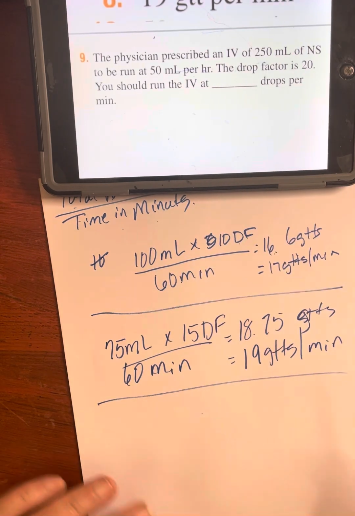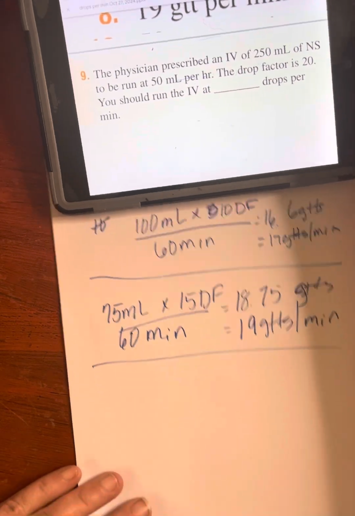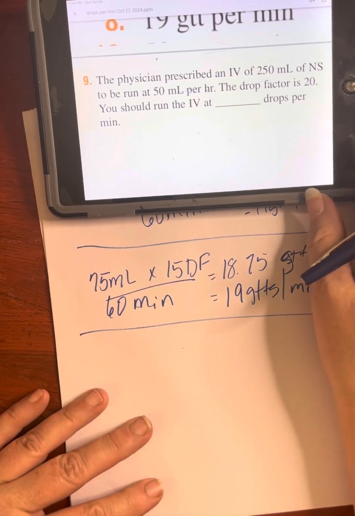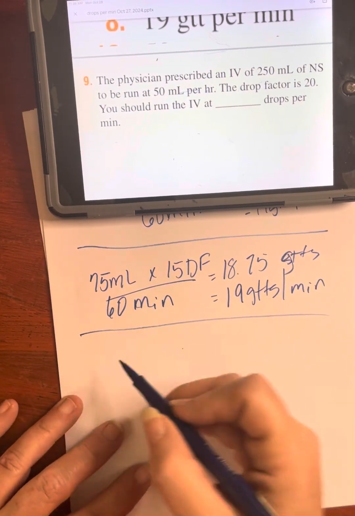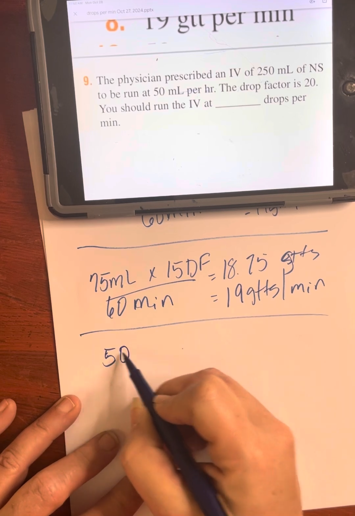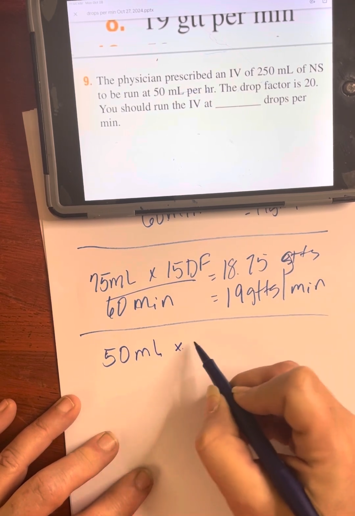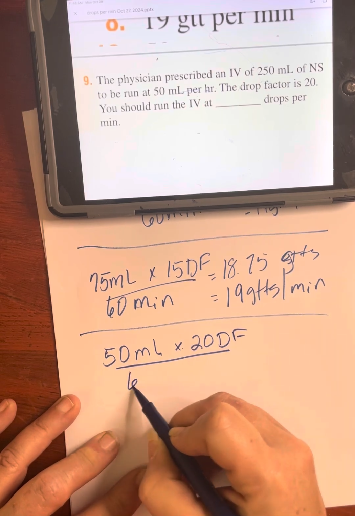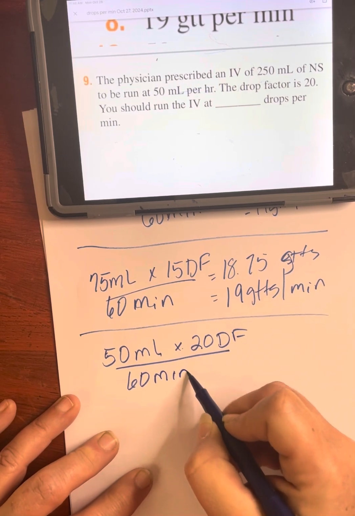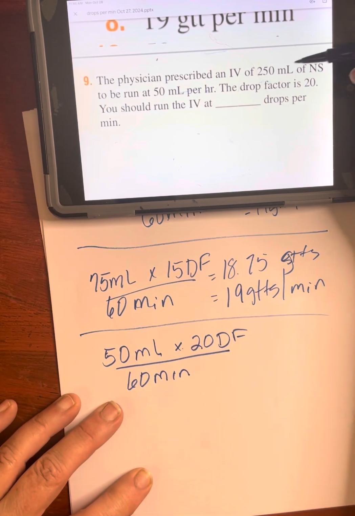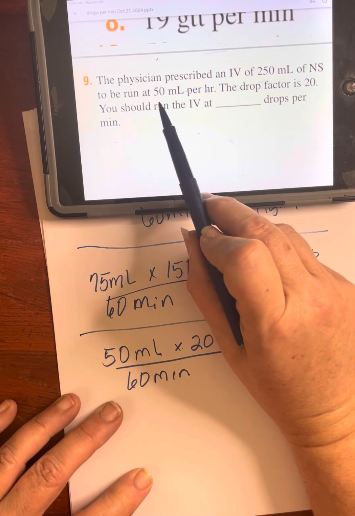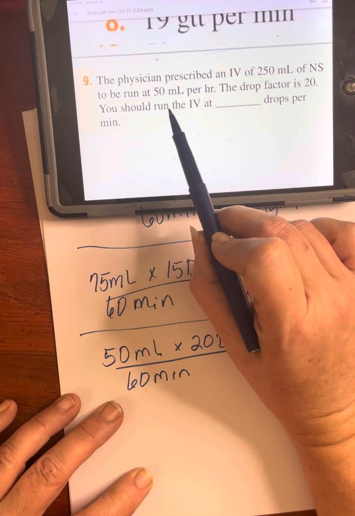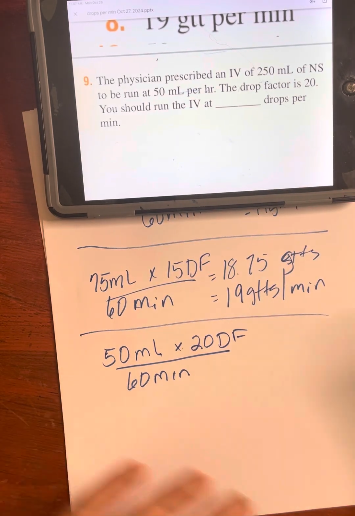The 250 in this problem would be a distractor. So the total volume is 50 milliliters times a 20 drop factor divided by 60 minutes. When they tell you it's going at so many milliliters per hour, you use that to work it.